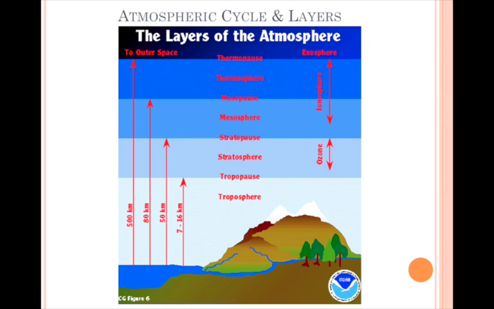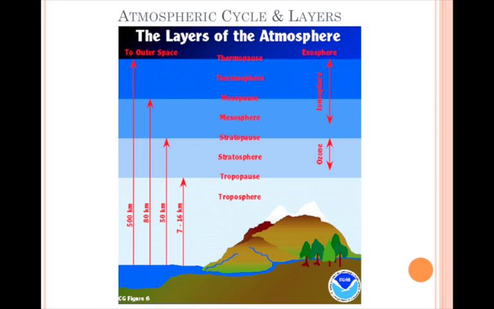Then we have the atmospheric cycle, and these are the different layers of the atmosphere. Earth is the only planet in the solar system with an atmosphere that can sustain life. So this cycle is really important to us. Earth's atmosphere is divided into 5 main layers. The first layer, closest to the Earth, is called the troposphere.